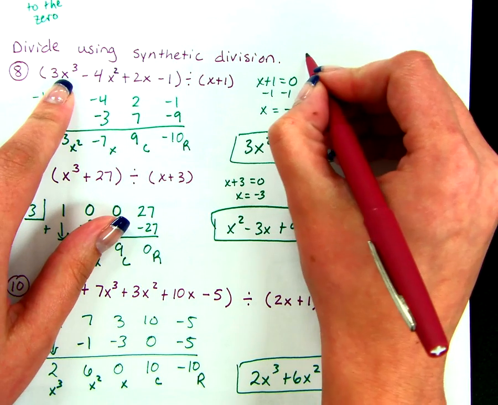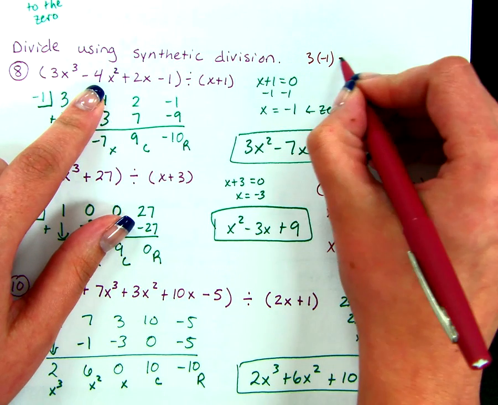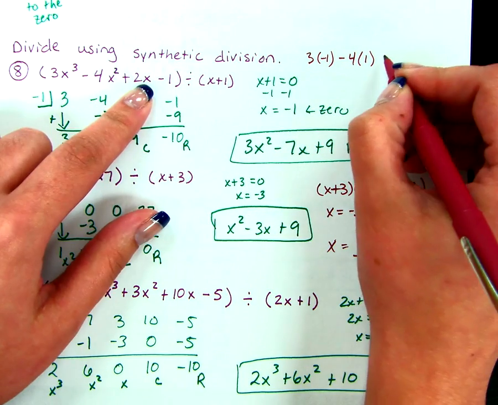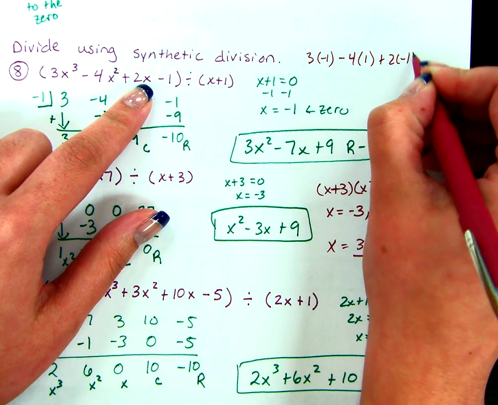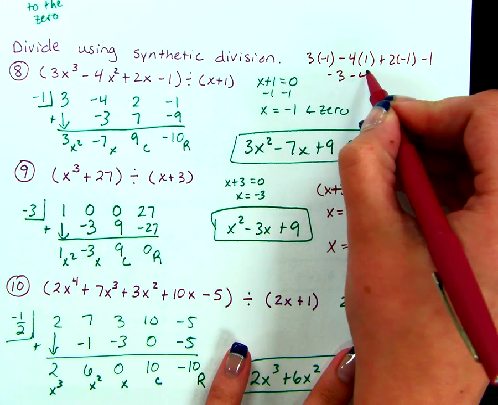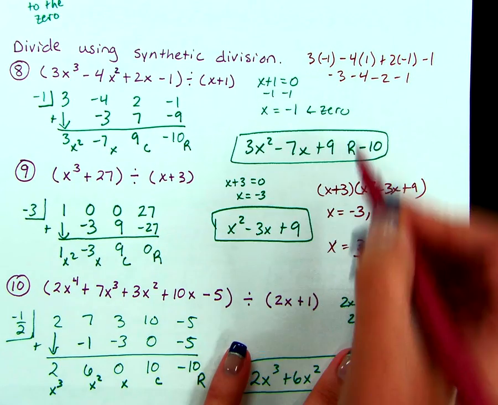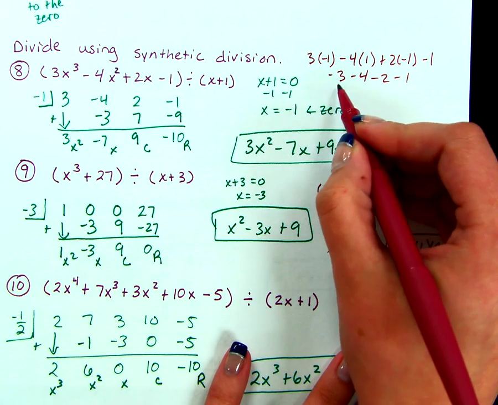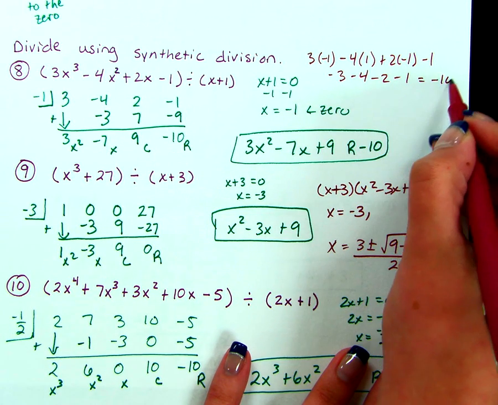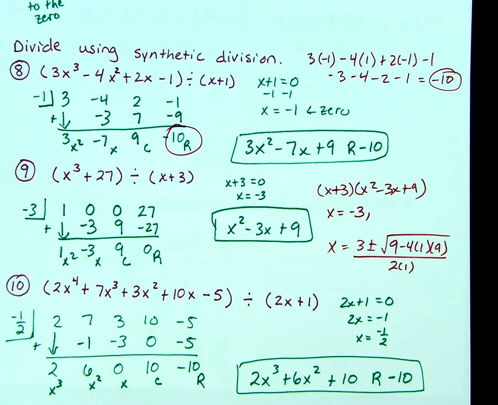So here I would have 3, and then -1 cubed is still going to be -1, minus 4, and then -1 squared is a +1, plus 2 times -1 minus 1. So this will be -3 minus 4 minus 2 minus 1. Well, if I start combining those, so that will be -7, -9, -10, and notice that that is the remainder.